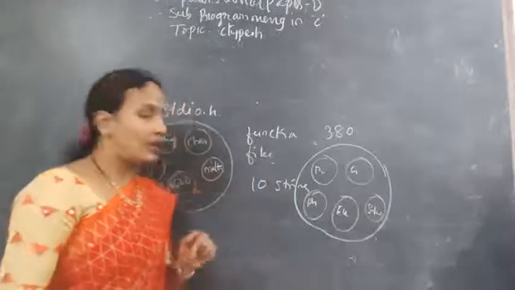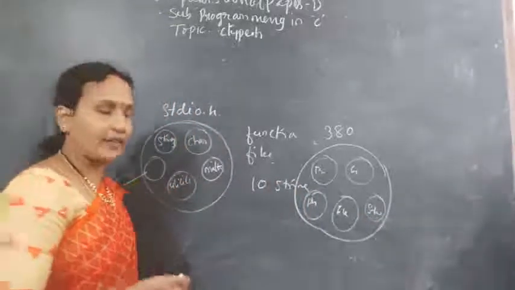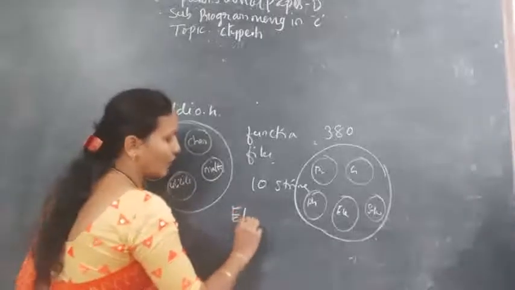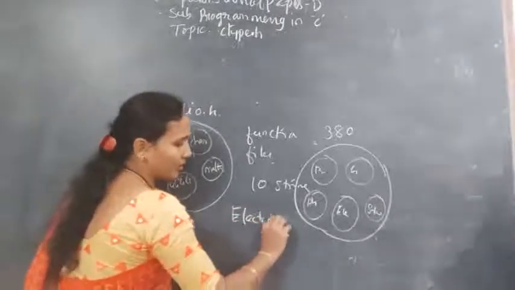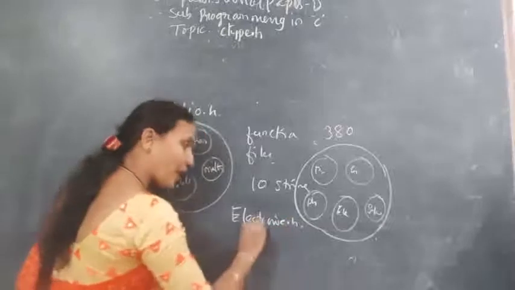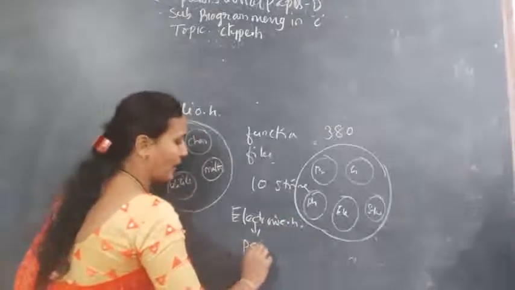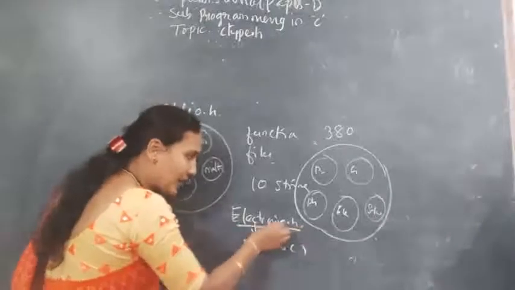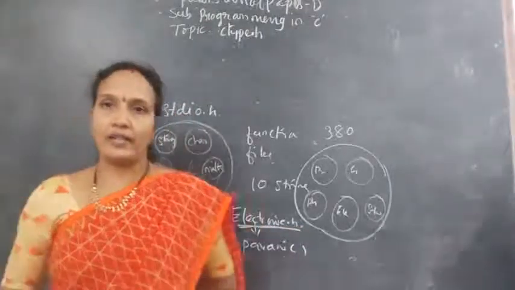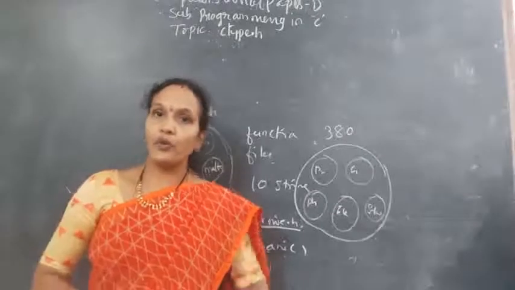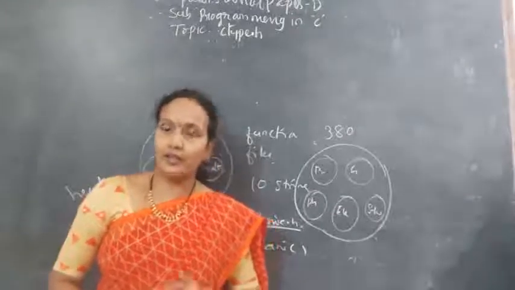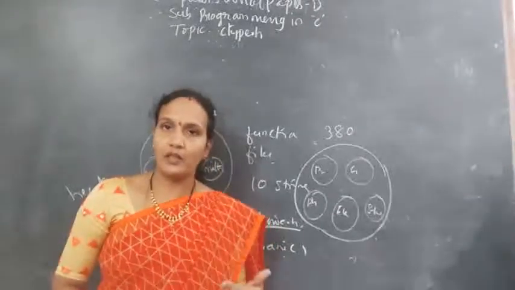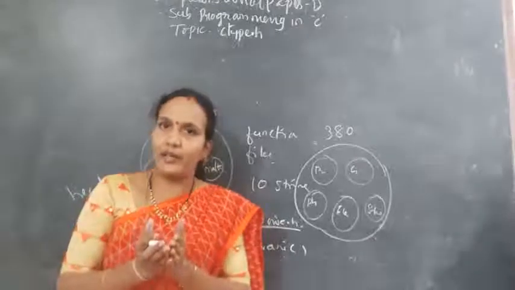If you want to call Pavani, first you should go to the electronics group, electronics.h. From that group, I want to call Pavani. So Pavani is a function and this electronics.h is a library file. Understood? If you want to call Pavani, there should be an electronics group, an electronics library file.